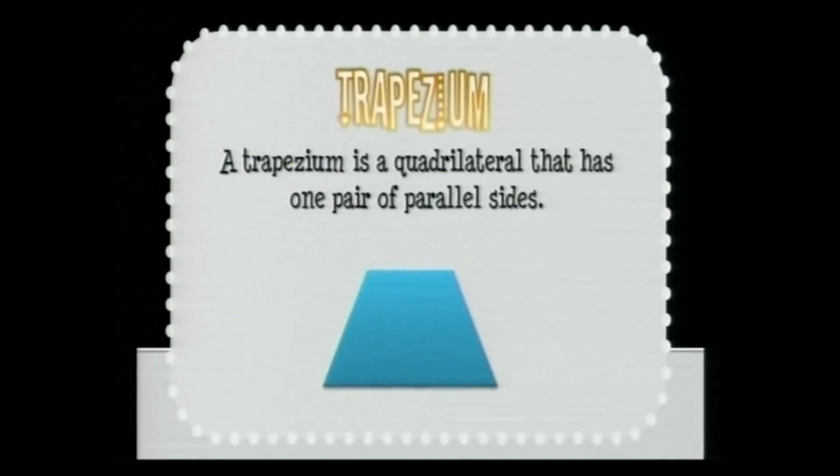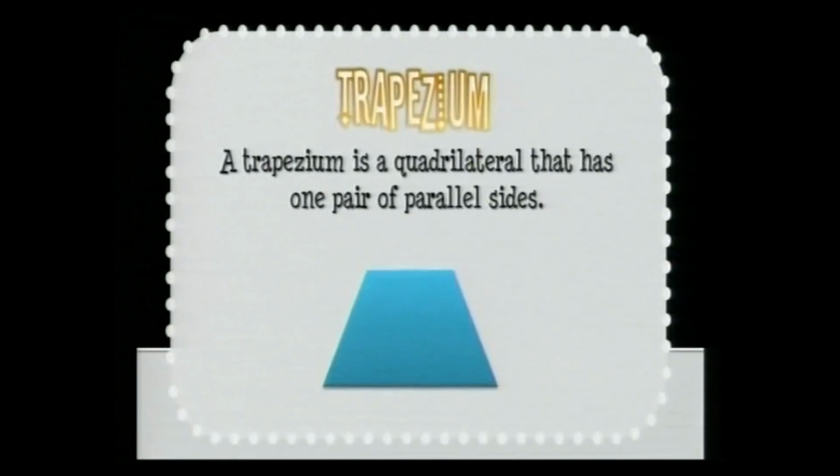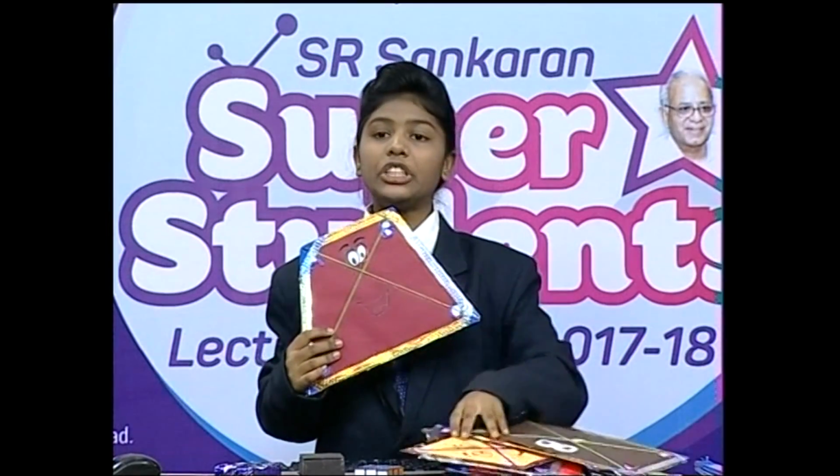Look at the screen, friends. Trapezium. A trapezium is a quadrilateral that has one pair of parallel sides. Look, friends, this is a trapezium.